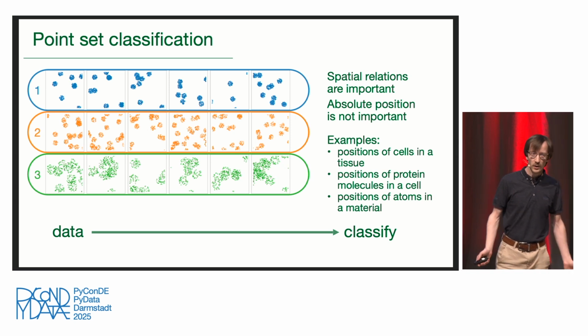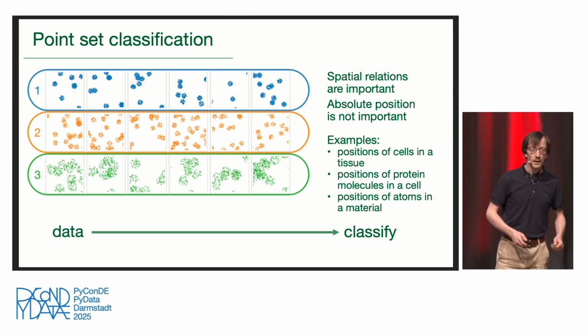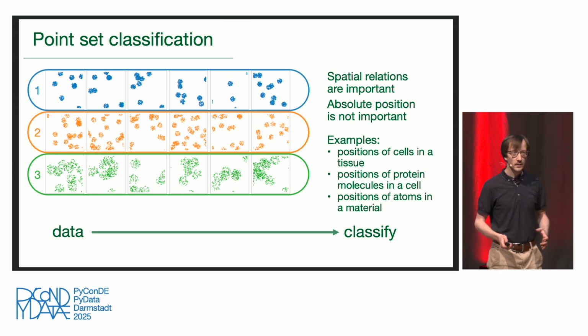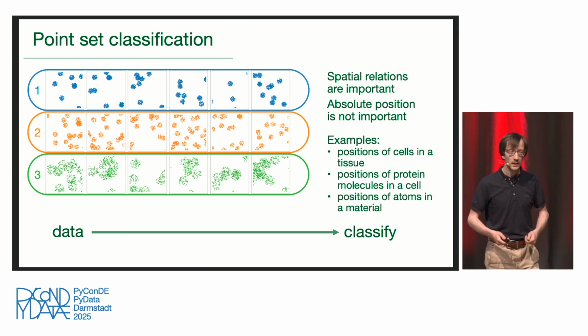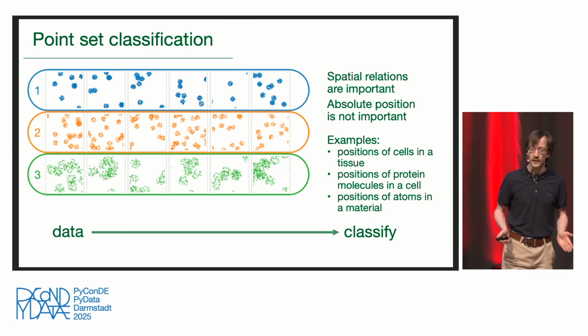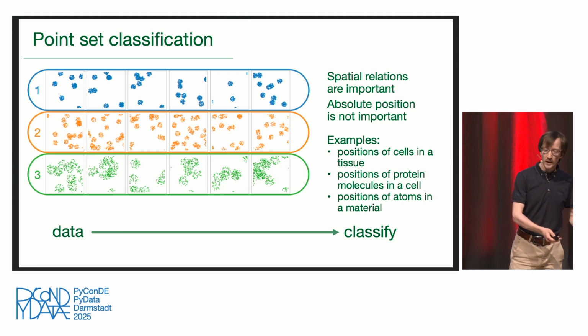You can have abstract data. You don't really care where exactly each point is, because maybe the situations are very different, but you care that one point set is very different from the others, because that's some anomaly. Maybe there is some fraud going on or something like this. But for the sake of examples, I will stay with more concrete things.